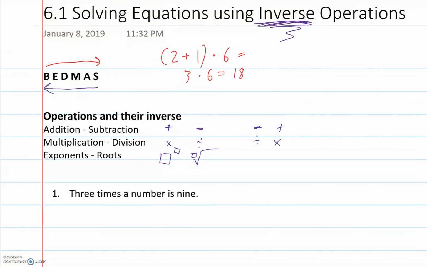Usually at this point in your lives, you know about squaring something. So 8 squared is 64, 2 squared is 2 times 2 is 4. So squaring something and square rooting something, which is finding the opposite of that, are also opposites. Good to know about, but we probably won't even get to this at all this year in grade 9.